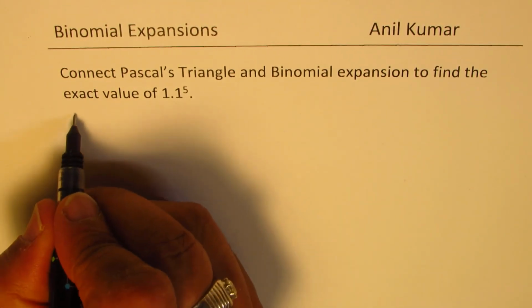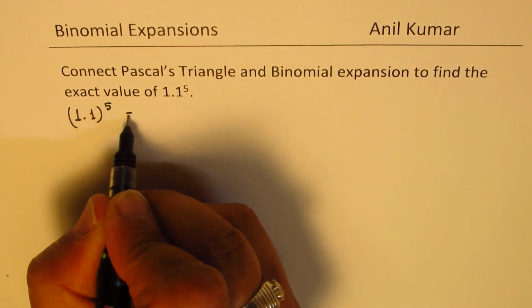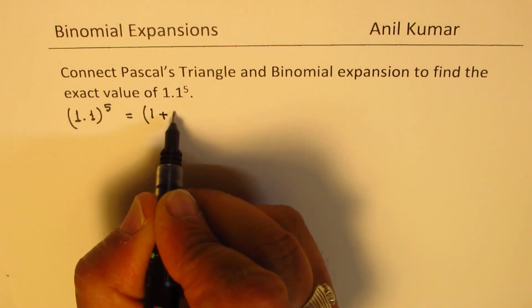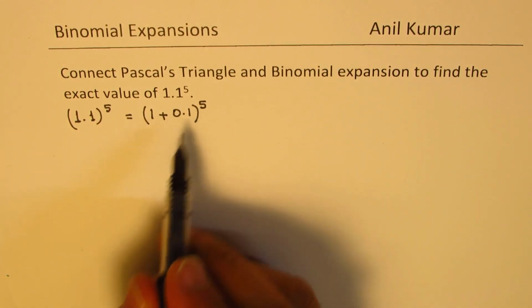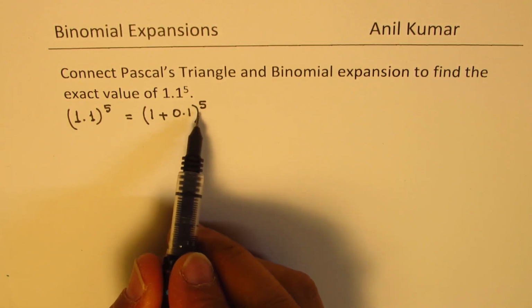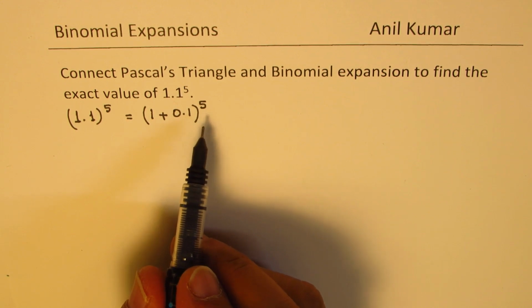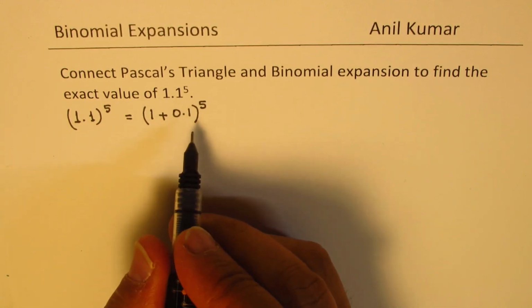We can split 1.1 to the power of 5 and write this as (1 plus 0.1) to the power of 5. So that becomes a binomial expression to the power of 5, which can be expanded using binomial expansion. Correct?